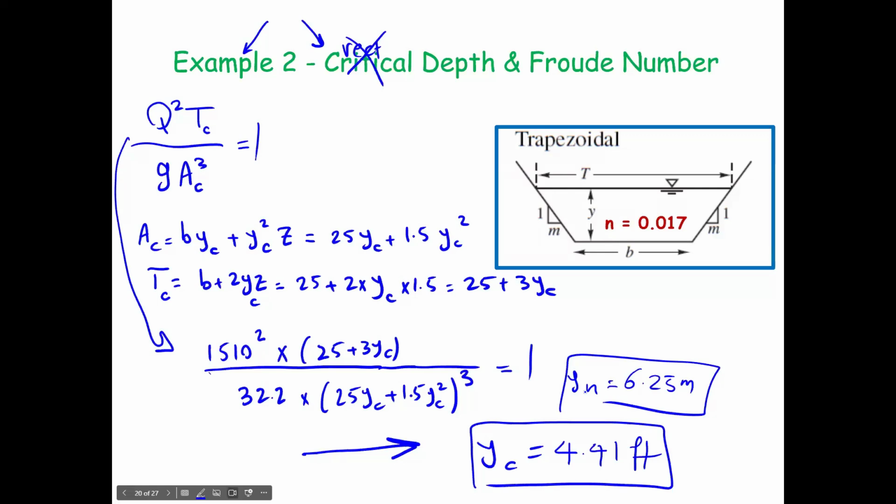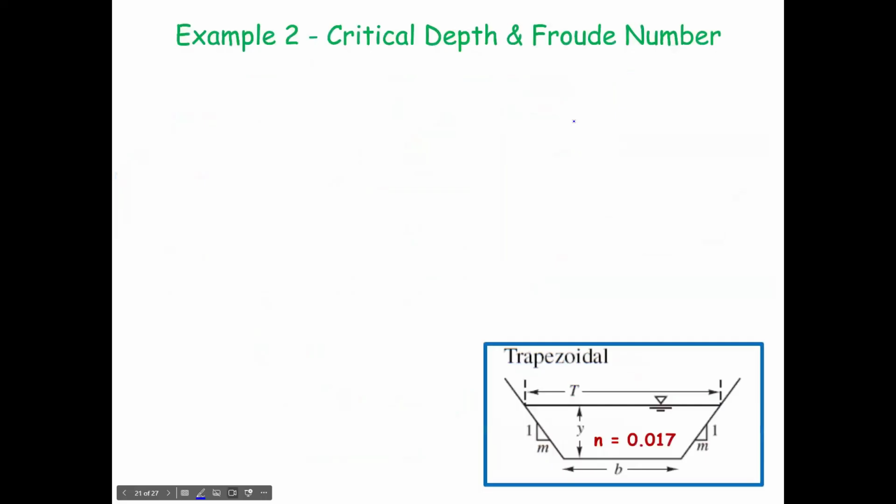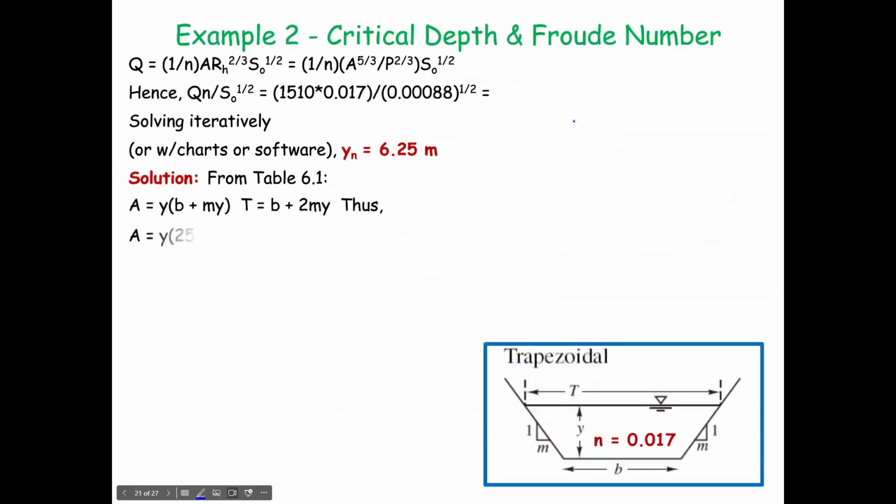Is it supercritical or subcritical? Again, you should imagine this one. That's yc. So yn is probably somewhere here. Subcritical. So correct. If I calculate Fr, it should be more than 1 or less than 1. Is it? It's subcritical, less than 1. And these are the answers for this one, which I will post.